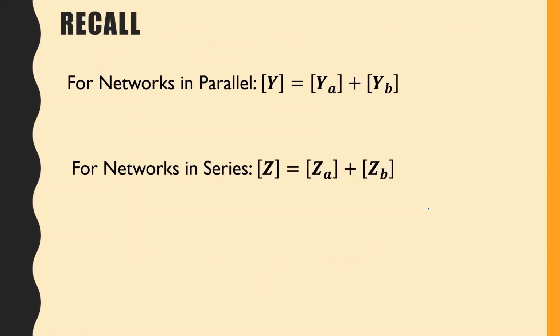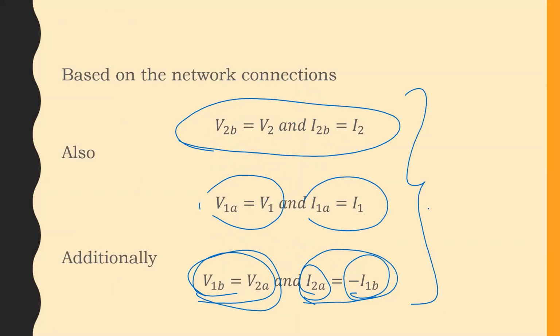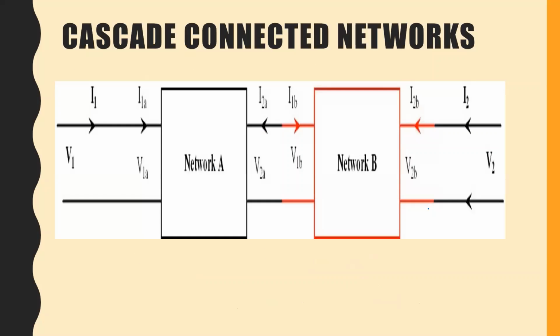So you're saying what if I put a resistor here? Then it means that V1 would be here, because V1 is the input to the port.